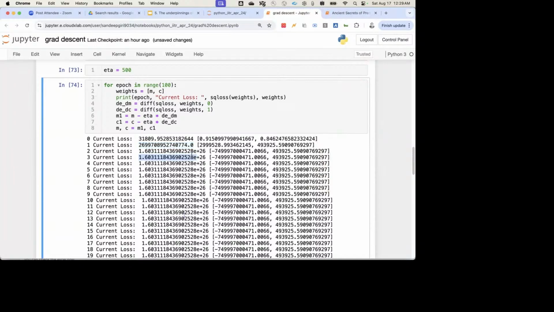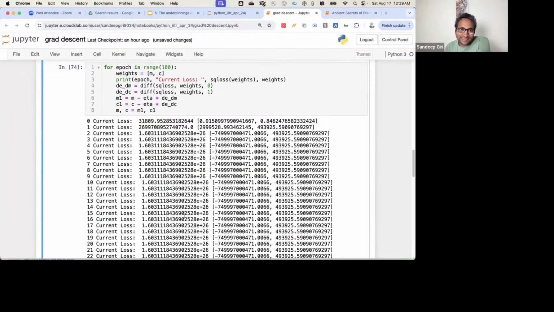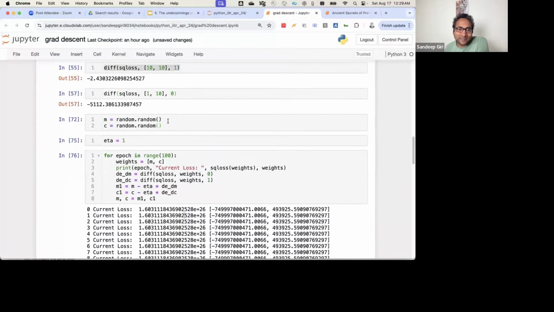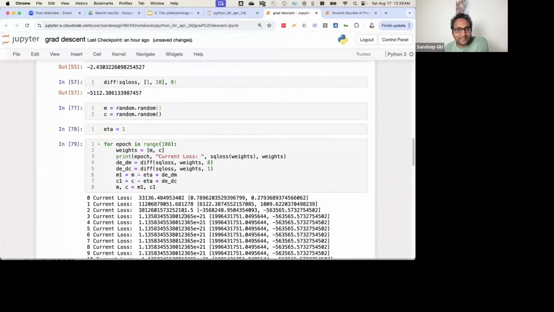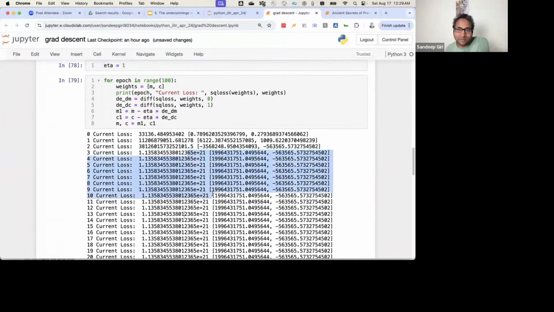Sandeep, what if we make it one, eliminating the learning rate from the equation? Yes, let's test it out. Let me reset these values, and one is still not good. You see, it's still bouncing.